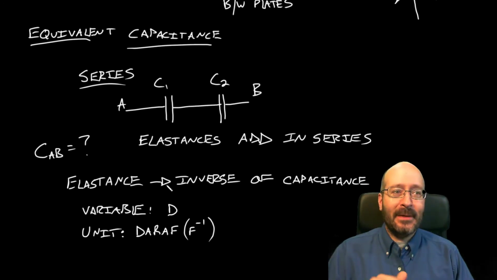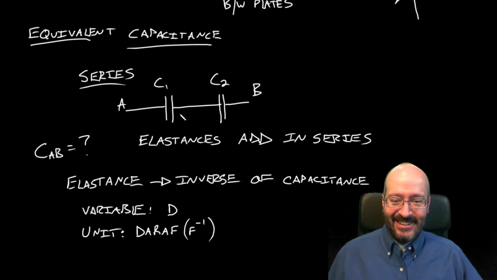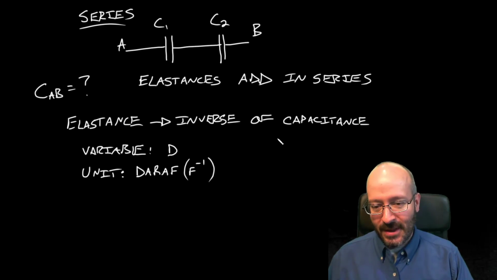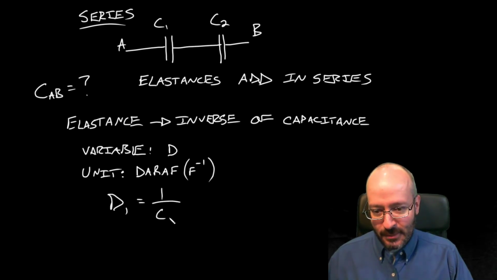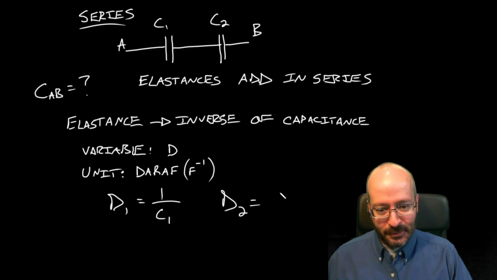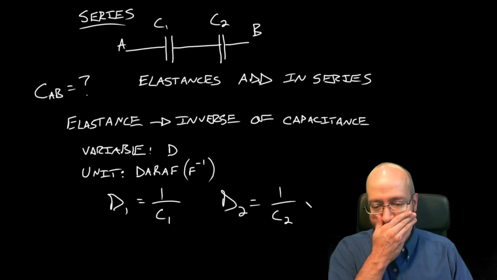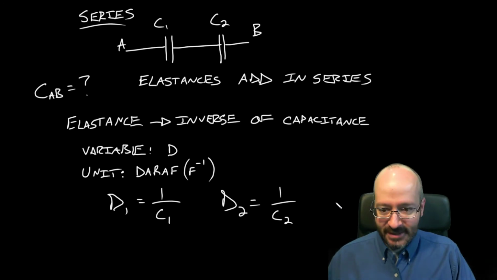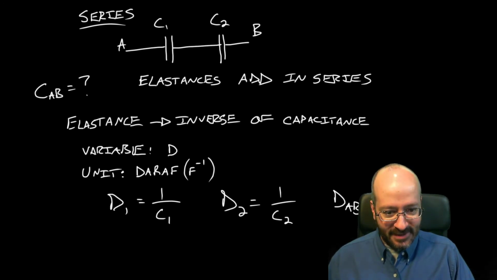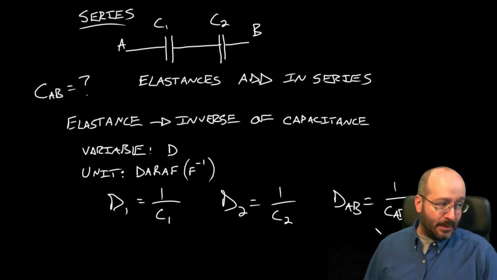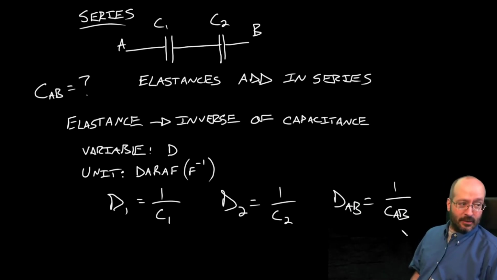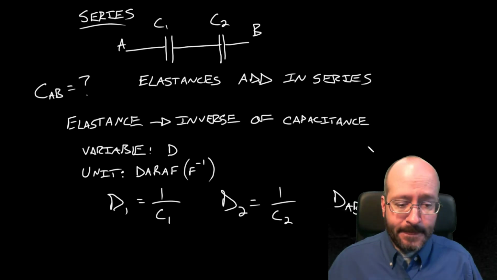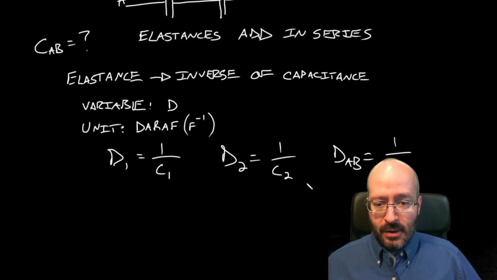If we're going to make these elastances add, then we have to define them, right? So D1 equals 1 over C1, D2 equals 1 over C2, and ultimately DAB is going to equal 1 over CAB. That's the thing that we're really looking for, so we'll have to solve for that.